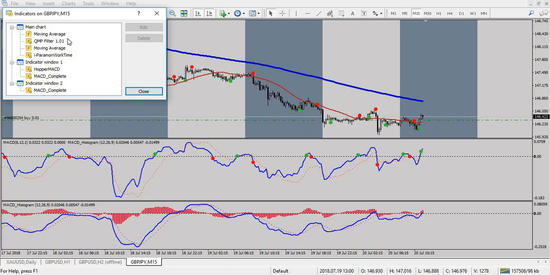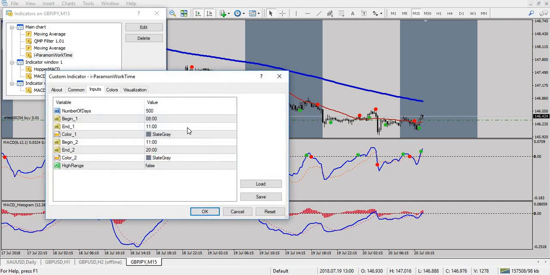Back to the chart. The Paramount work time works on your MT4 platform's times, so you have to work out, say, when London's open compared to your platform, if that's what you want to base it on. Normally I set it up on my platform from 8 till 8, so it's 12 hours.